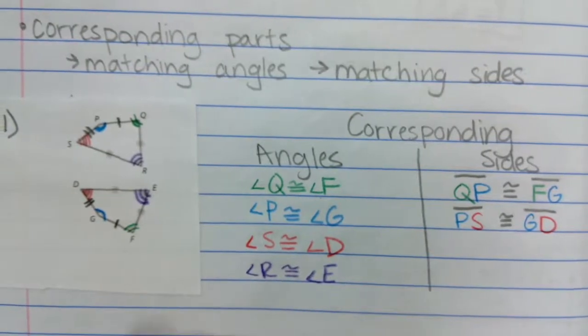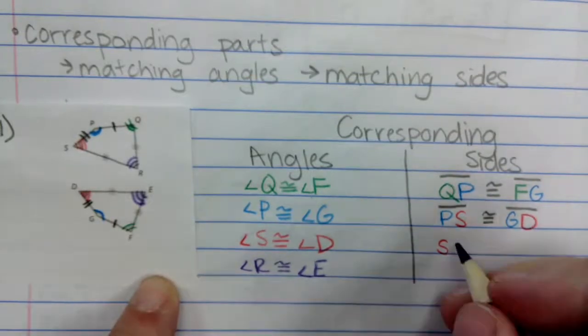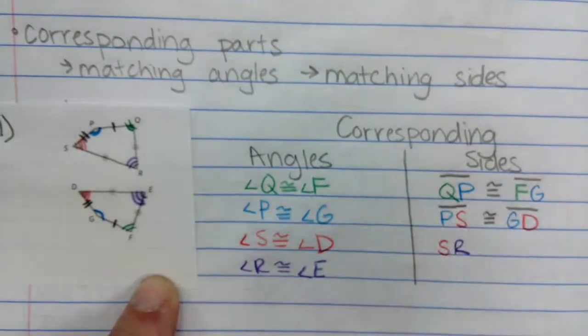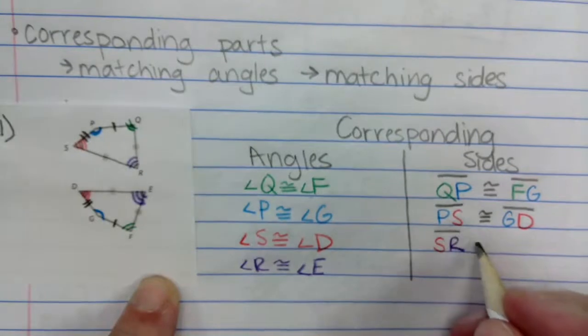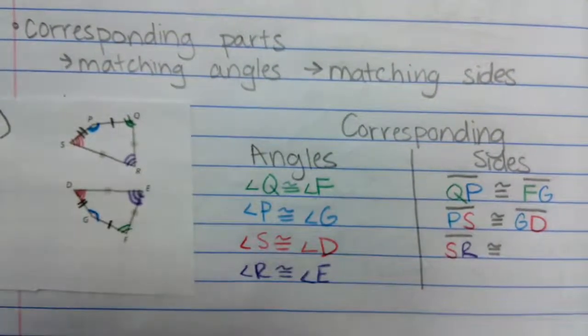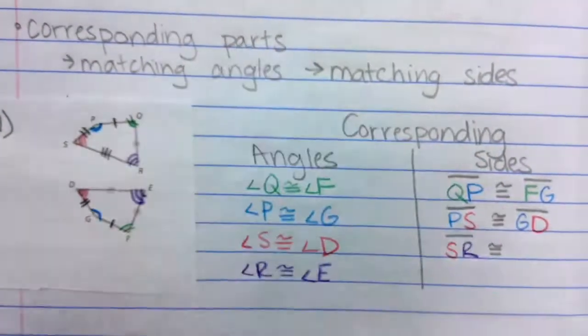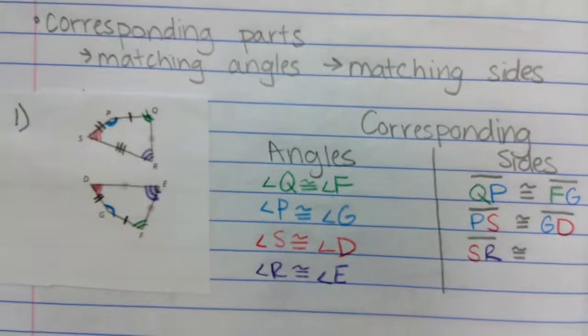Okay, what about SR? SR has how many ticks? I think it was supposed to be 3. So if you need to make it 3, make it 3.